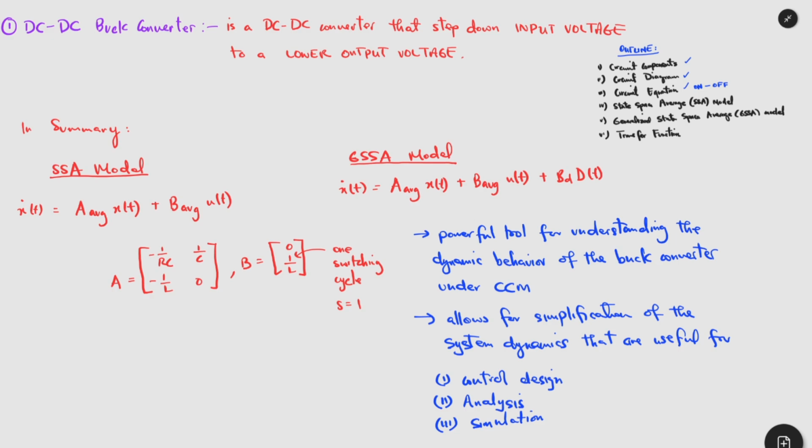What do we mean by the SSA and GSSA being powerful tools? They help us understand the dynamic behavior in which the state variables, V naught and IL, are mostly changing under a continuous conduction mode. It also allows for simplification in terms of the system dynamics. So it is more useful when you want to design a control for the system, and it helps us analyze the circuit correctly and perform simulation to understand how a DC to DC buck converter operates.